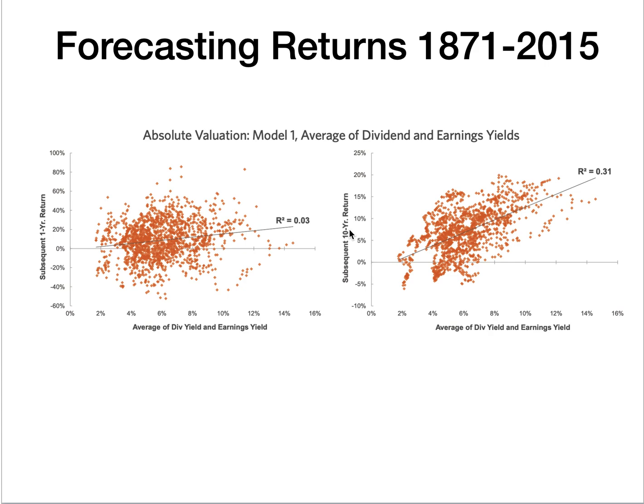And each time that they run this regression, there seems to be some predictive power. There is a slope to the line. But what's more important is each time they run this regression, the explanatory power in terms of the R squared seems to get higher, quite a bit higher, if we go from 1-year to 10-year returns.